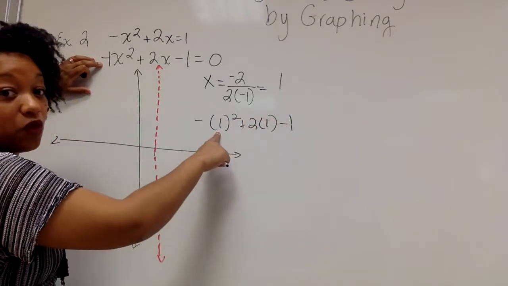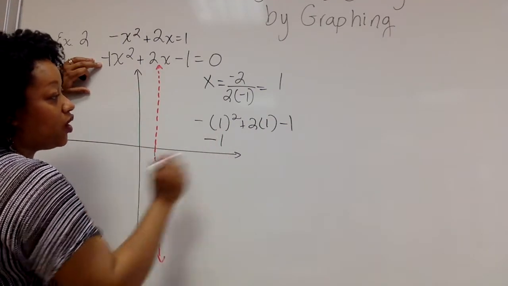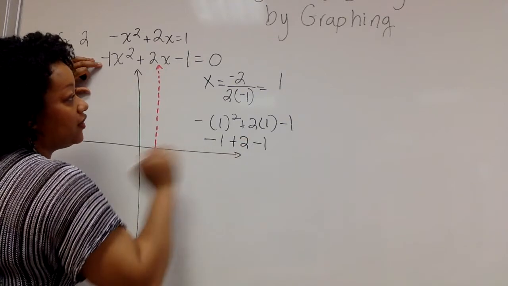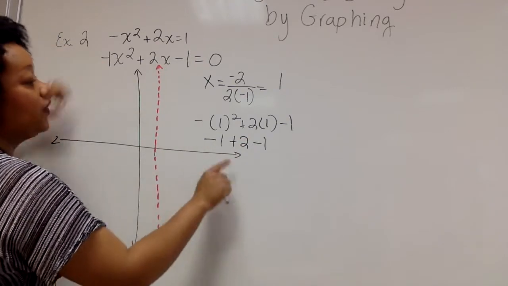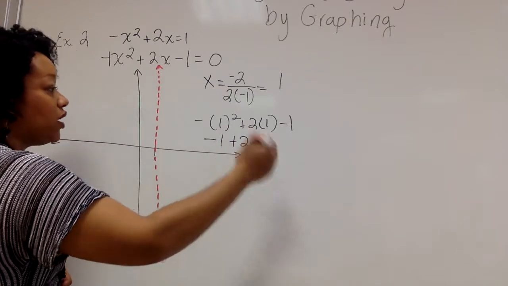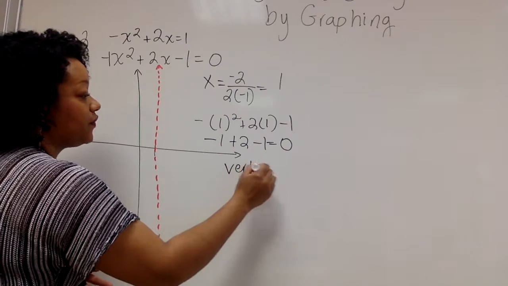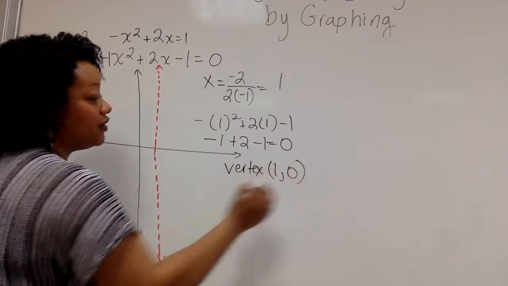Well, this is 1 squared for sure, but since it's got a negative on the outside, I've got to make it a negative 1 plus 2 minus 1. Well, negative 1 plus 2 minus 1, that equals 0. So my vertex is 1, 0.